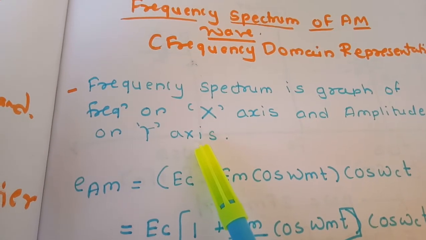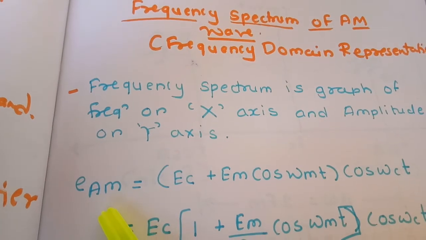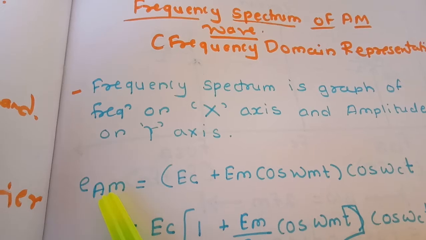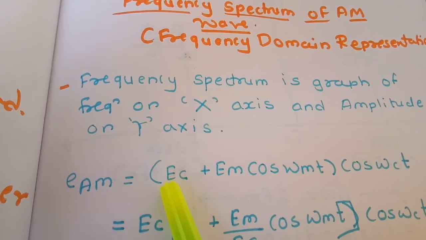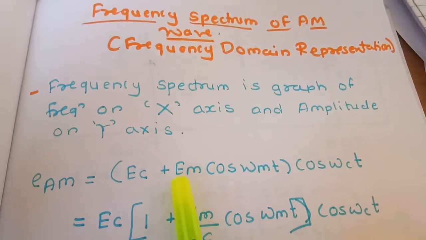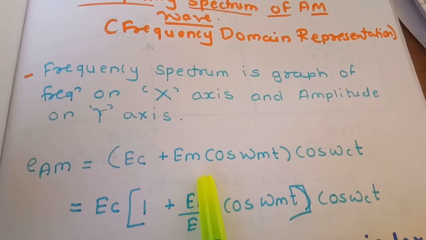In the previous lecture we saw the equation of the amplitude modulated wave. This is called EAM. EAM, the amplitude modulated wave, is equal to (EC + EM cos omega mt) cos omega ct. We have already learned how this equation is derived, and we are using it for today's lecture.